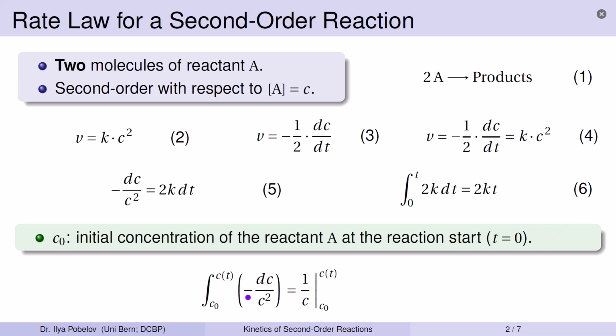The indefinite integral of the expression on the left side is equal to 1 over C. Its definite integral from C0 to C is given by 1 over C minus 1 over C0.